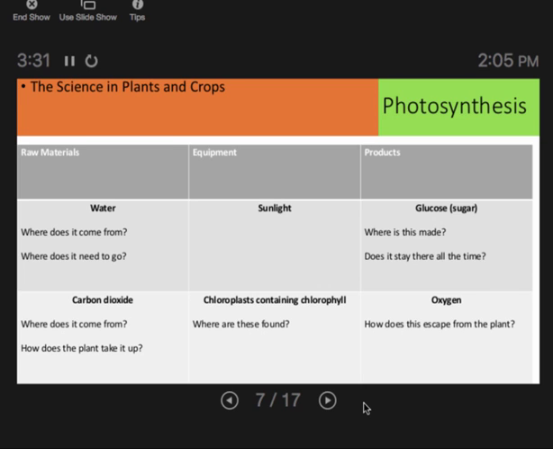It's the most amazing chemical process. And so the equipment that's used in the plant is the sunlight, and also these little factories, these little bundles of factories that make glucose and carbohydrates or starch. So where are these found? I think this is critical to impress students. Where are these found? And what do they look like?